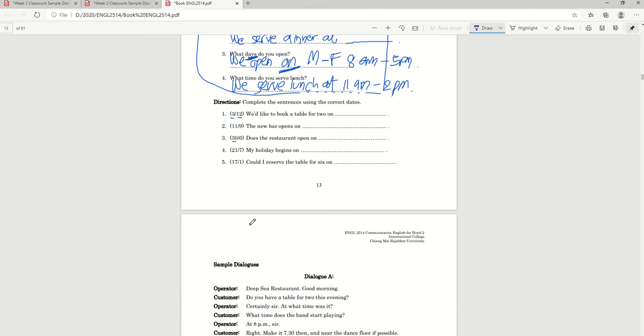Okay, the first one: we'd like to book a table for two on, what can you say? On, you can write the answer first: on 3rd. Do not forget December, right? 12 is December.